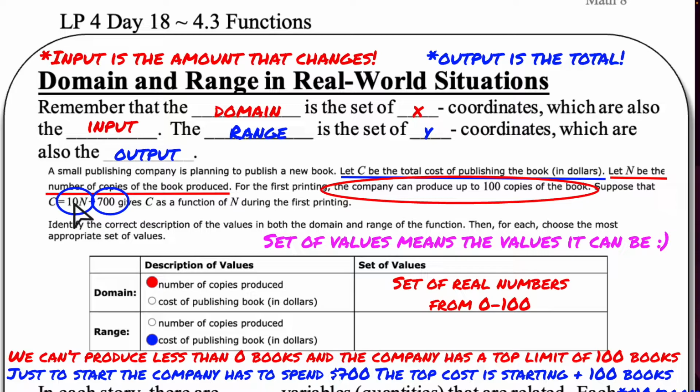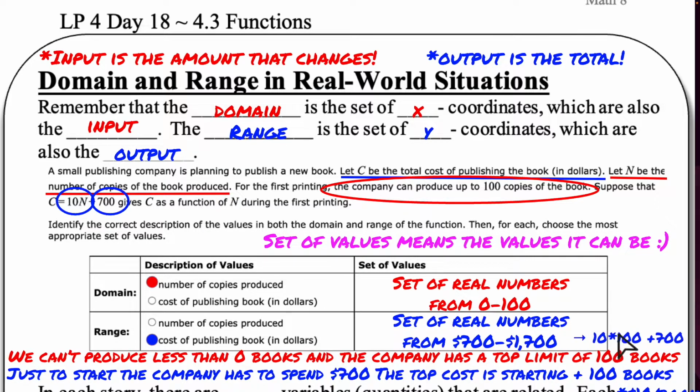So my top cost is if I were to do 100 books. So I want to do that 100 times the 10, because that'll tell me how much it costs to do the 100 books. And then I also have to add the 700 to that. So the set of values for the range is going to be 700. That's the minimum value, because I have to pay that $700 no matter what. And it's going to be up to $1,700 if they did 100 books.